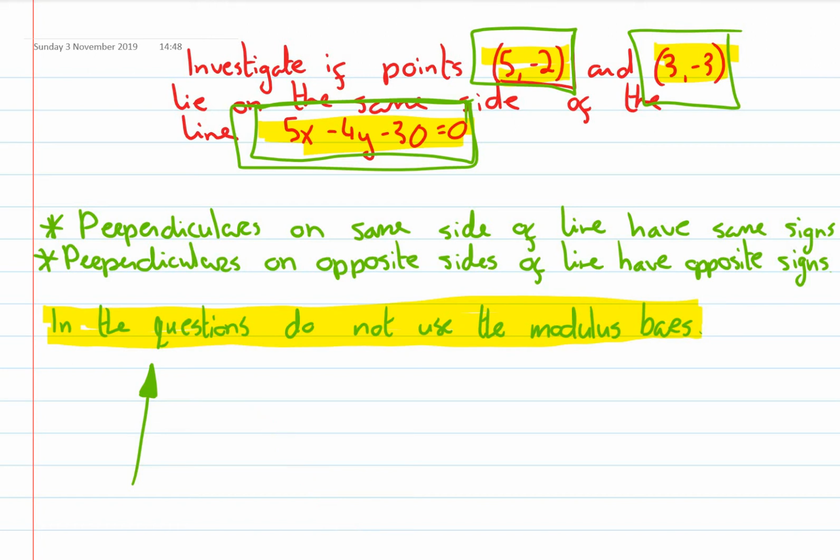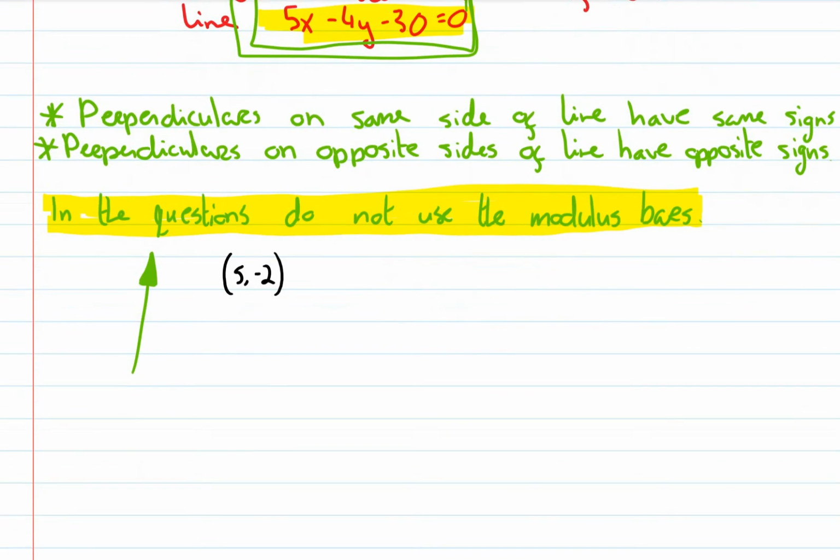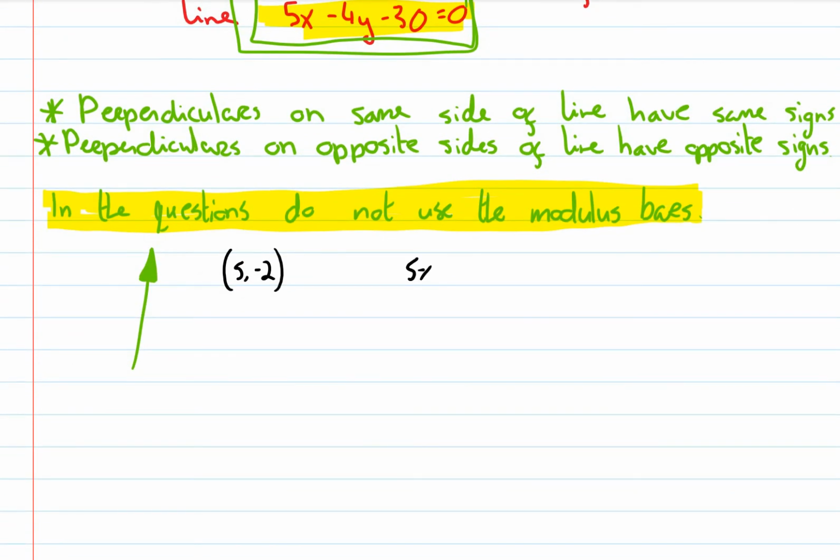Right, let's go. So first of all, I'm going to get the distance from the point (5, -2) to 5x - 4y - 30 = 0.